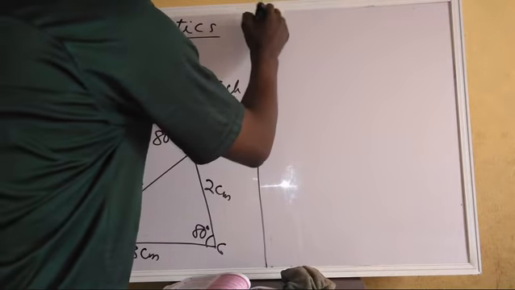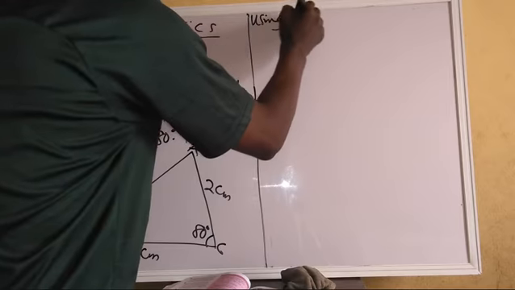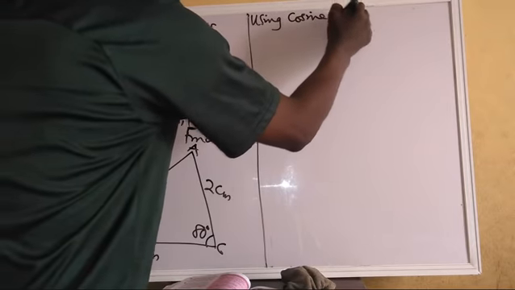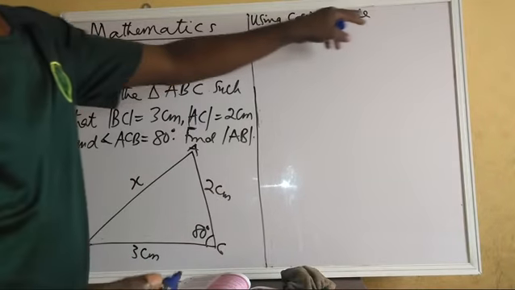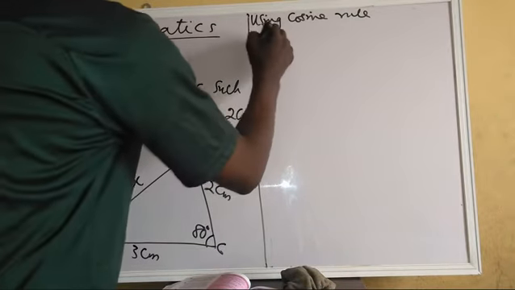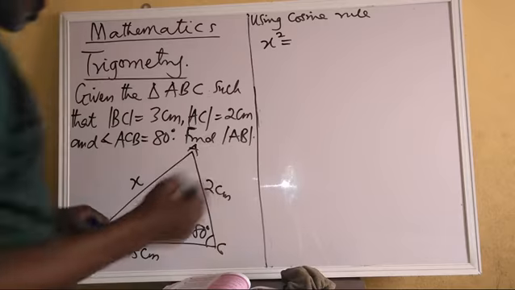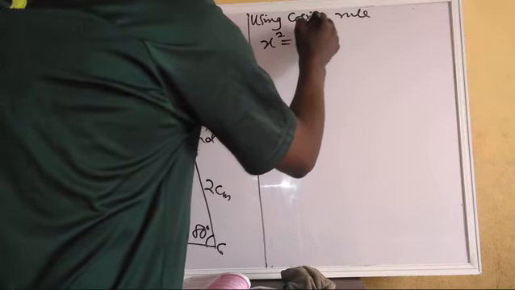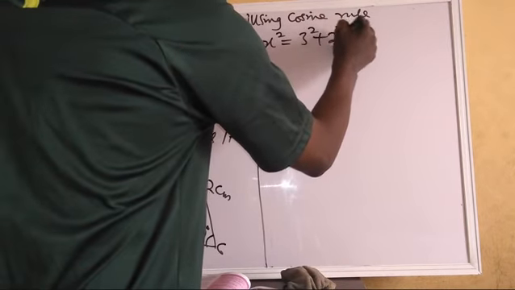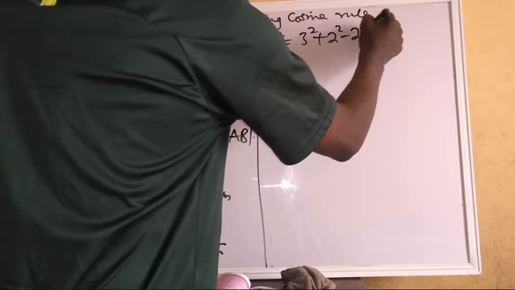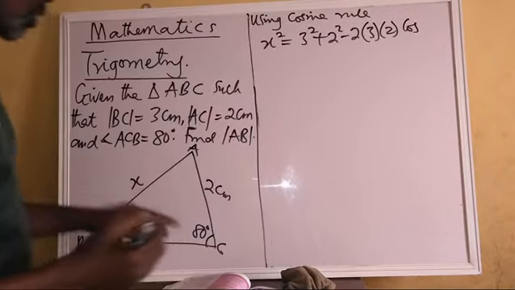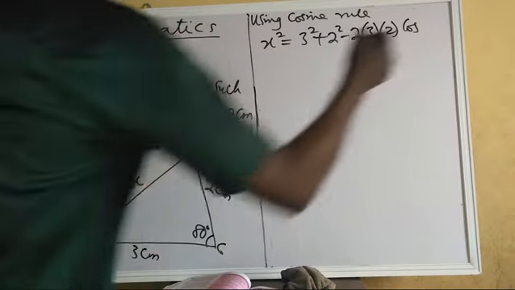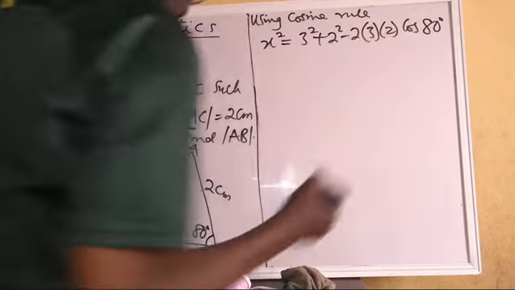Using cosine rule, we don't need to be writing the formula all the time as long as we have stated this. It means x squared is equal to 3 squared plus 2 squared minus 2 times 3 times 2 cos, that is cos 80 degrees, because of the unknown side.